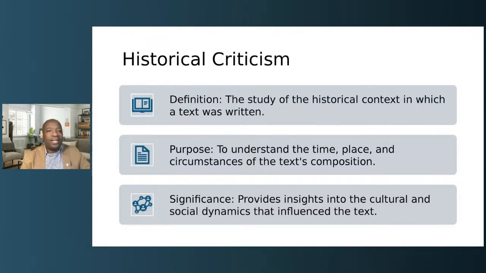Why is it significant? It provides insights into the cultural and social dynamics that influence the text, which is its historical arms, what was taking place during that time period, not just in that region, but the surrounding region, and what was taking place in the world as it was known at that point.